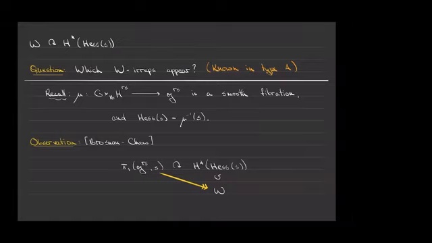And I can answer this question by using the Springer correspondence. The quick reminder is that the Springer correspondence takes an irreducible representation of W and associates to it a nilpotent orbit in the Lie algebra and an irreducible local system on that nilpotent orbit.